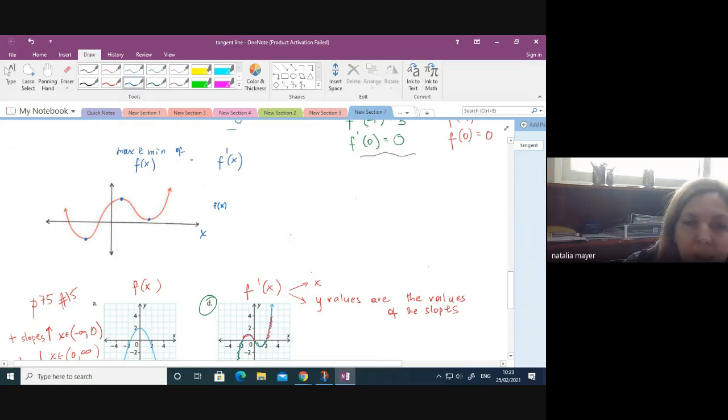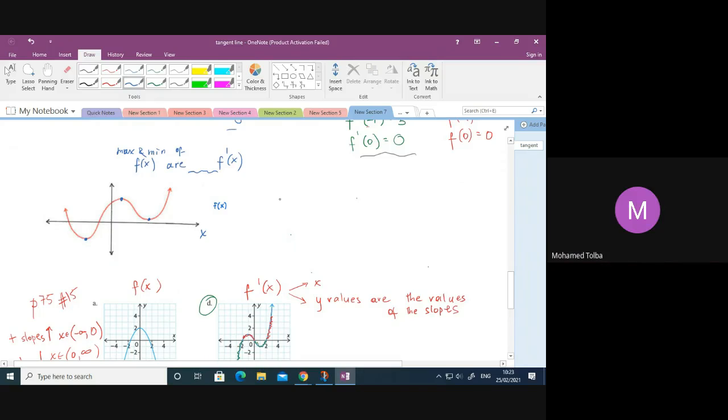Complete the statement: the maximum and minimum of f of x are what? Are they for f of x, or for f prime of x? Oh, it's 0.